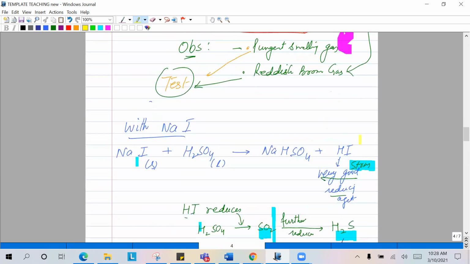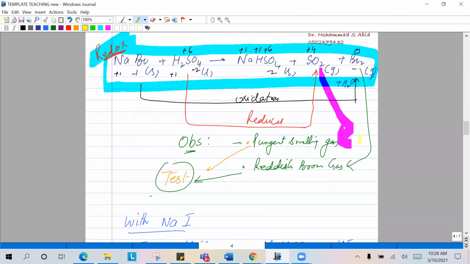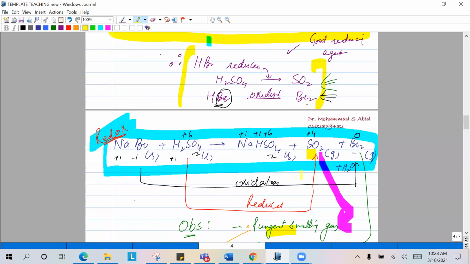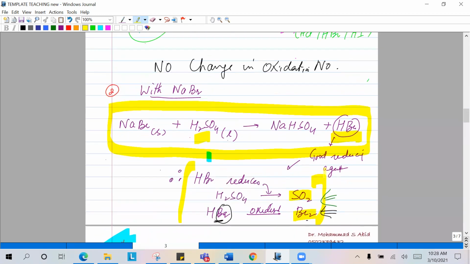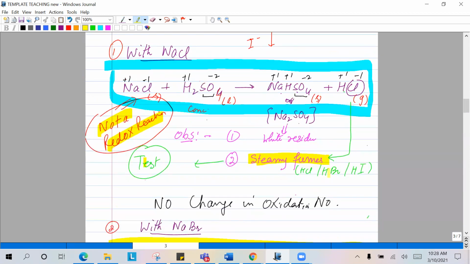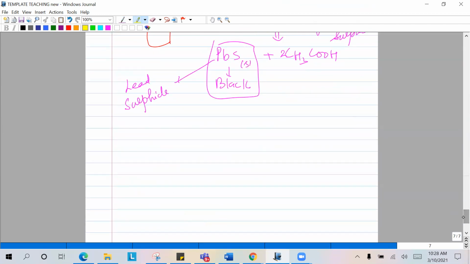I have explained the test for sulfur dioxide. Okay, bromine is left. Bromine I will explain now. Now bromine, everyone knows. We have been using this test for bromine.